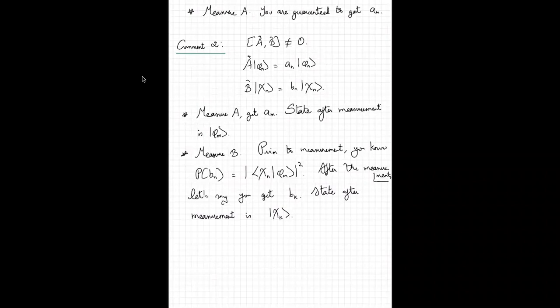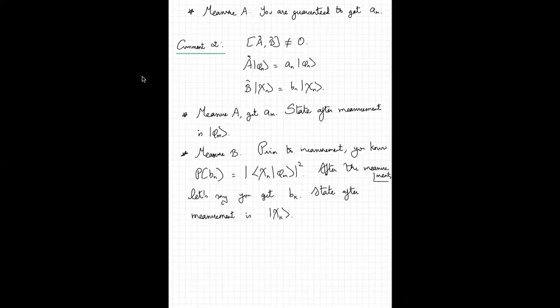Now if I want to measure A immediately afterwards, then prior to my immediate measurement, I only know the probabilities associated with the different eigenvalues of A, which is basically the overlap of phi_m with chi_k, mod squared, and so on and so forth.